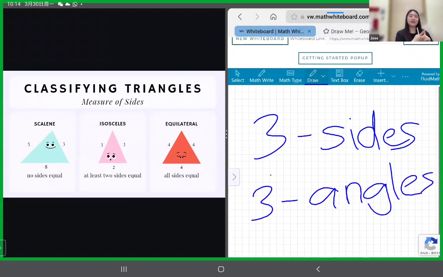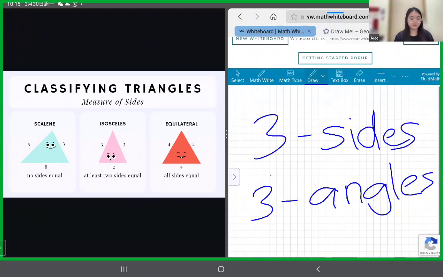Okay, so first, as you know, a triangle has 3 sides, right? So if the 3 sides have the same length, then we call it equilateral. Means all the lines are the same. In the slide it is the third one. But if only 2 of the sides are the same, then we call it isosceles.